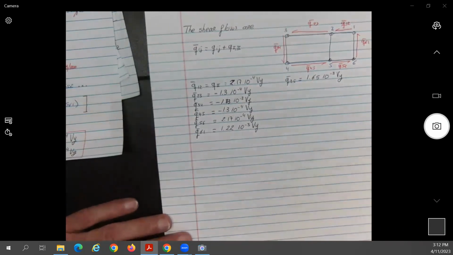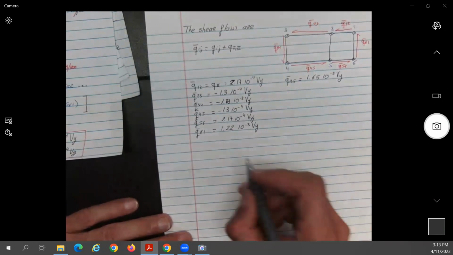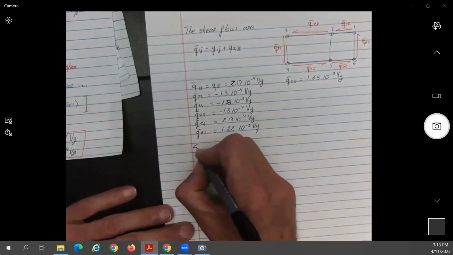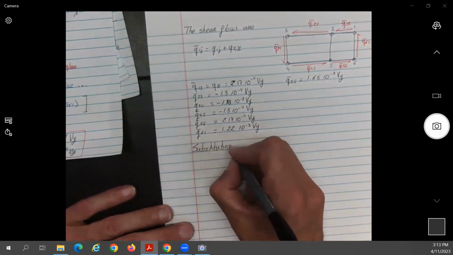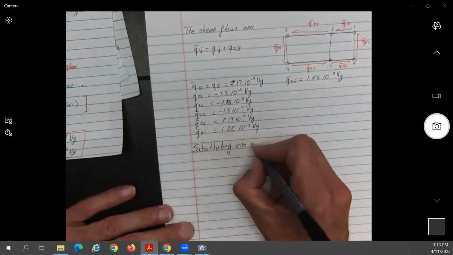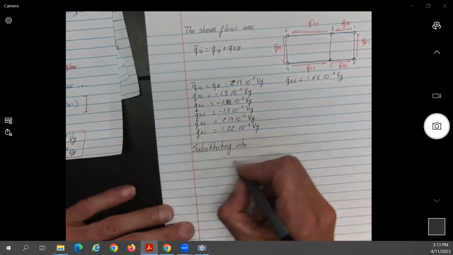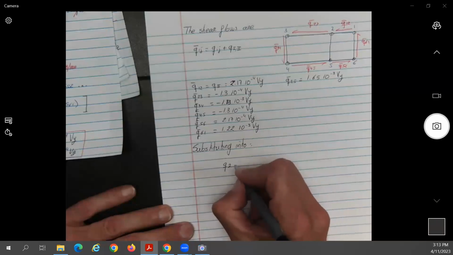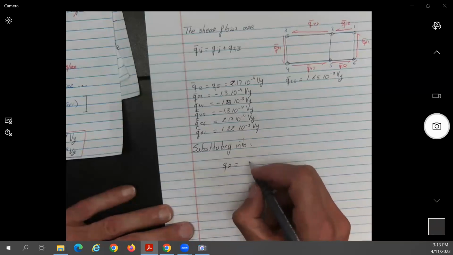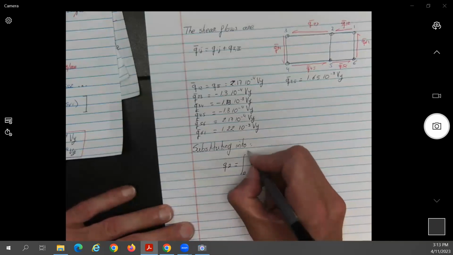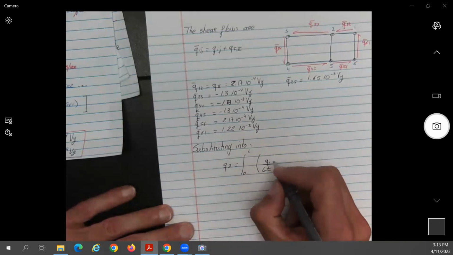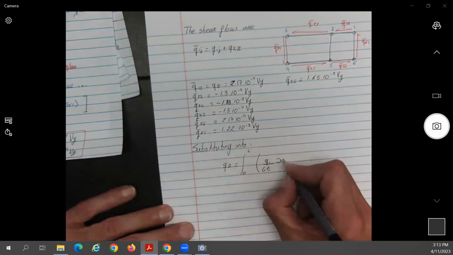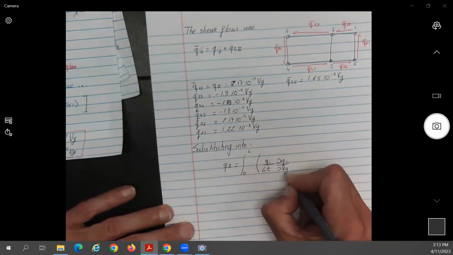Now, again, I imagine you are using MATLAB or Maple for this, so substituting into the expression that we said, this will be, let's say Q sub 2 will be equal to the integral 0 to L of Q sub i over GT times partial of Q sub i over partial Vy.